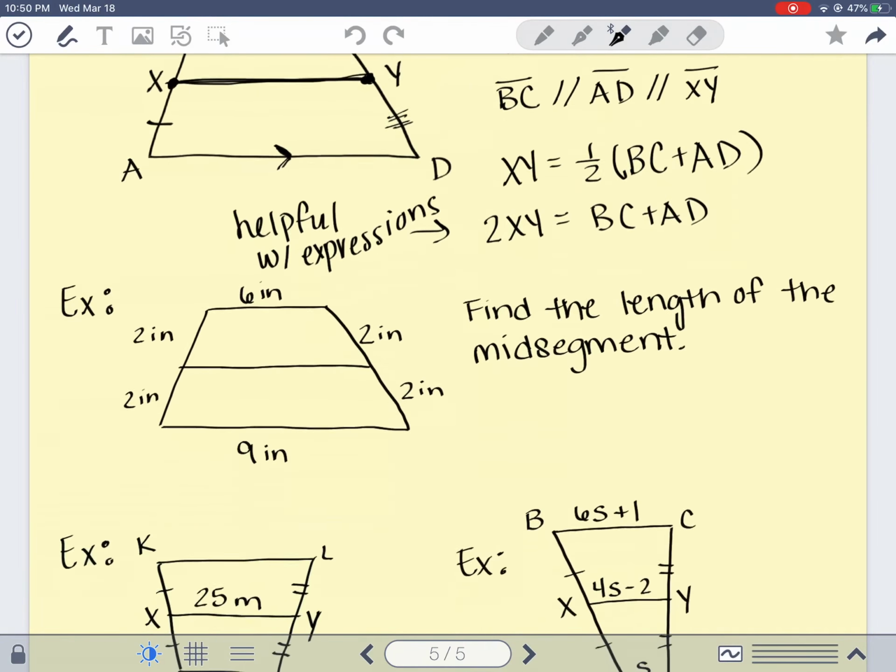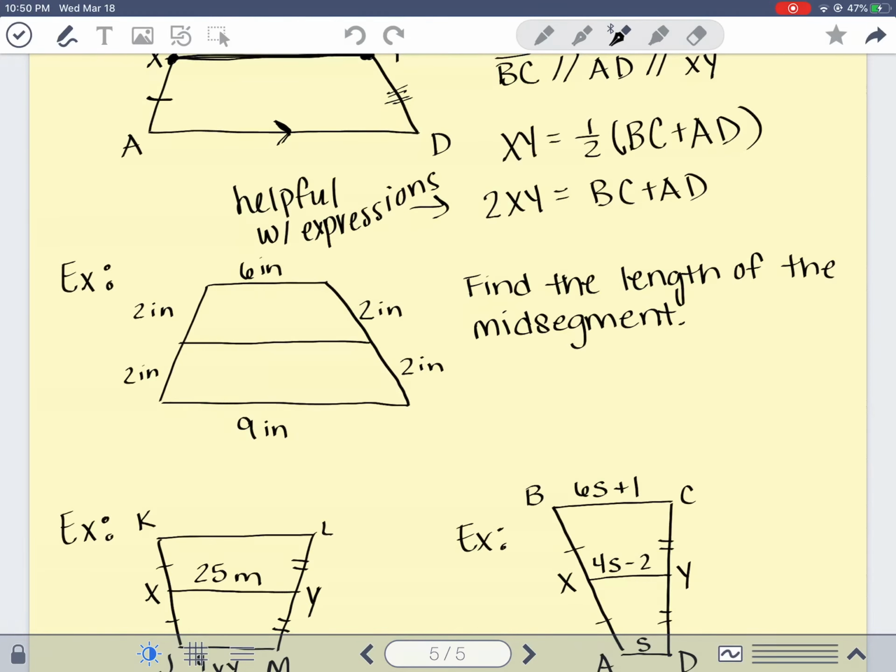So for this first example, we see that these two are congruent, and these two are congruent. So this is not only an isosceles trapezoid, but it gives us our mid-segment. So in order to find the length of our mid-segment, we'll call that x, we know that if we take half of our bases added together, we can find our mid-segment.